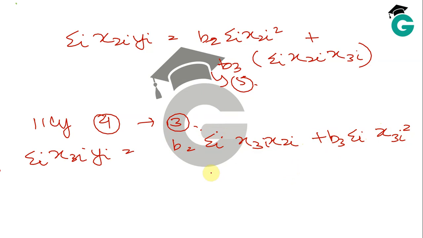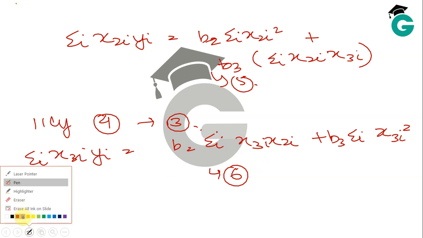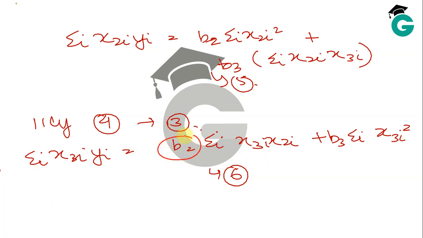So this is 5 and 6. Now these are two equations in two unknowns. So what are your unknowns here? Let's try to identify that. B2 is an unknown, B3 is an unknown, and again B2 is an unknown, B3 is an unknown.